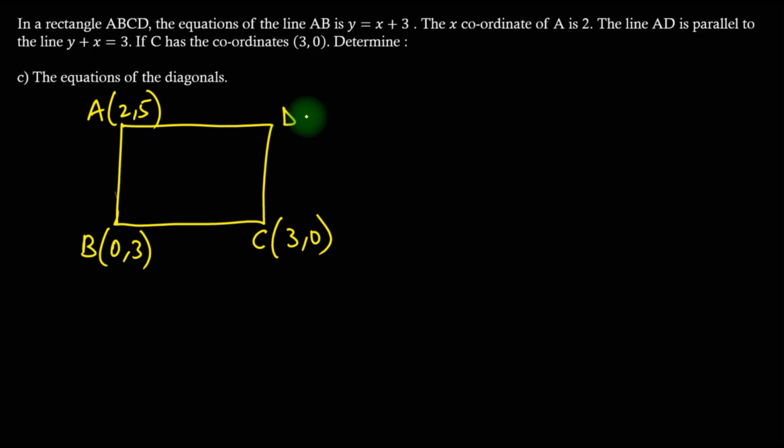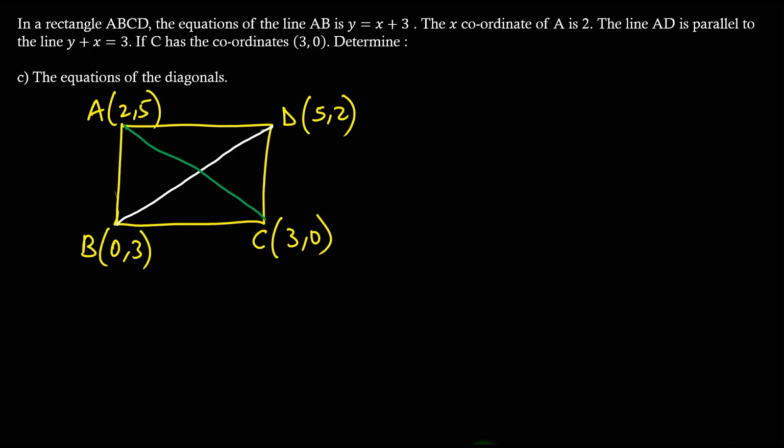And that of D is 5, 2. Now we need to find the equation of the diagonals. We have diagonal BD, and the other diagonal is AC.